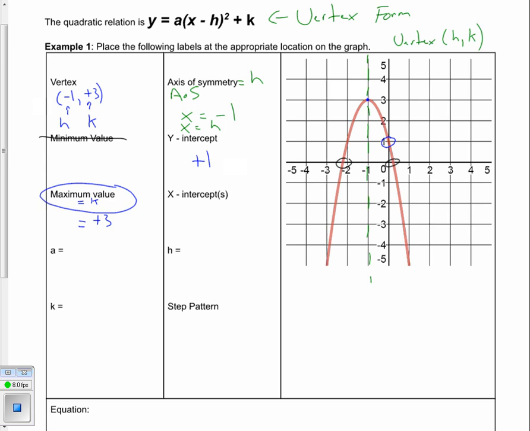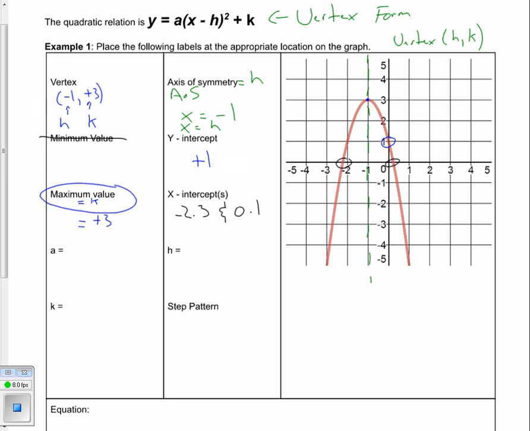So for simplicity's sake, I'm just going to make up a number in this particular instance. We'll call it -2.3 and 0.1. And again, the x-intercepts happen because the parabola crosses the x-axis.